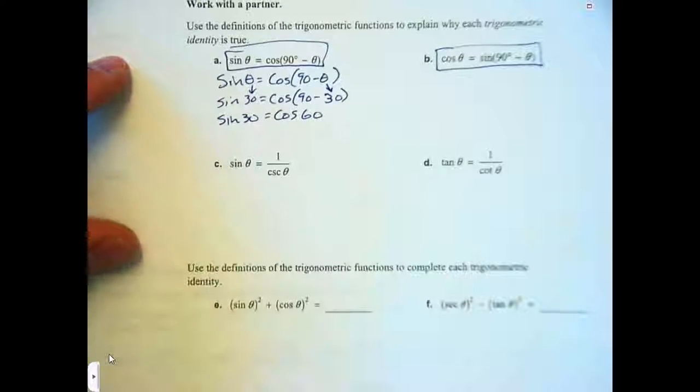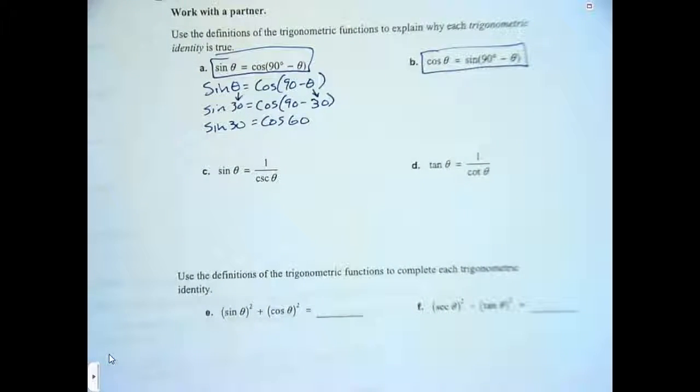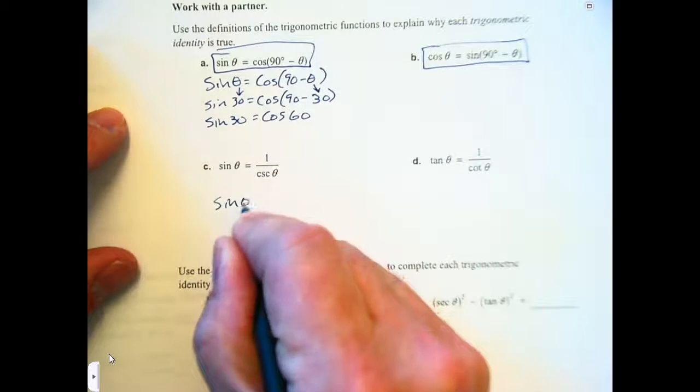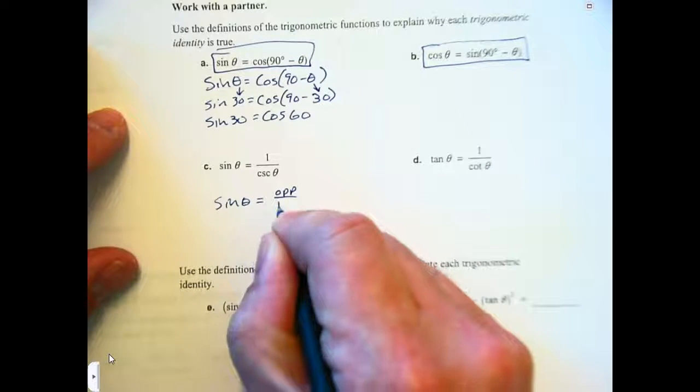All right, why don't you take a look at letter C there. Okay, so sine theta equals 1 over cosecant. Is that true? Sine theta is equal to opposite over hypotenuse.